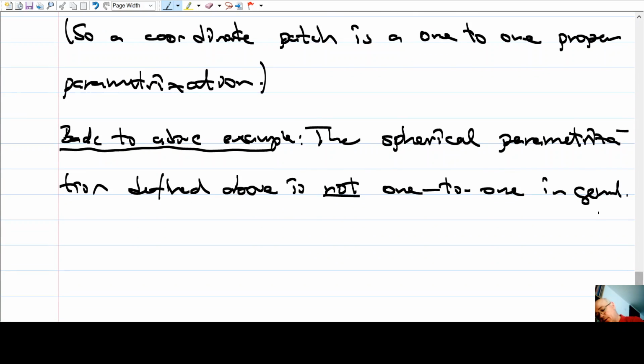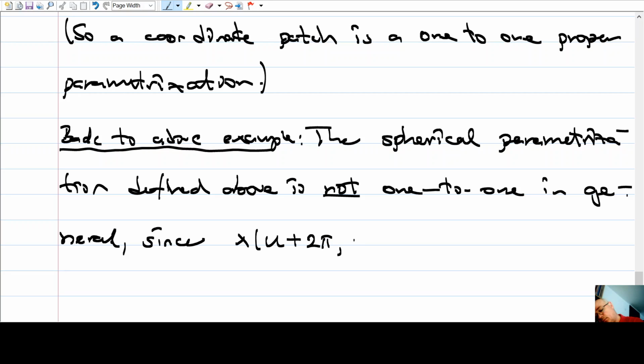Why is that? Because x of u plus 2 pi is the same as x of u.